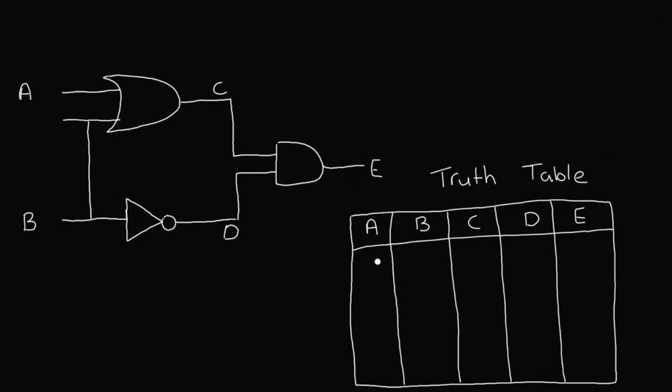So for example, we might be given the value 0 for A and the value 0 for B, which would mean we start off with our inputs being 0 and 0. And from this we can figure out the other 3 values.